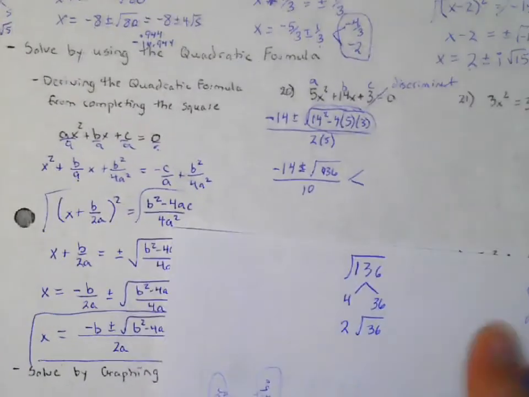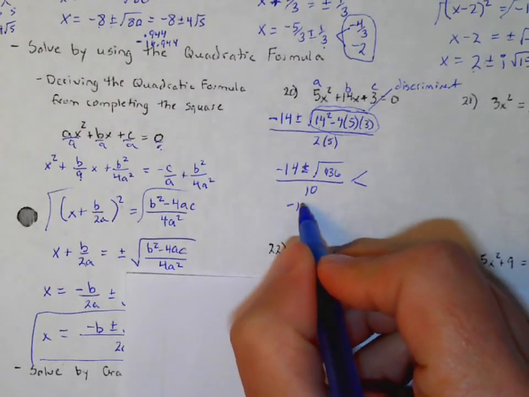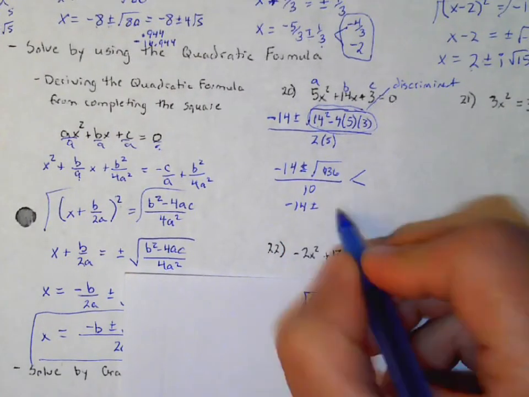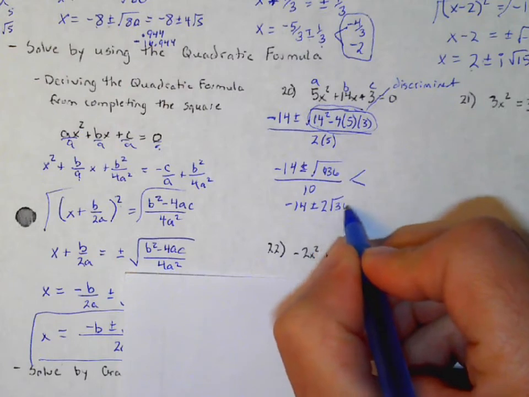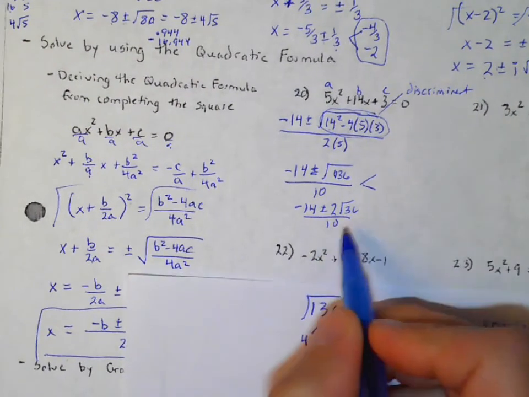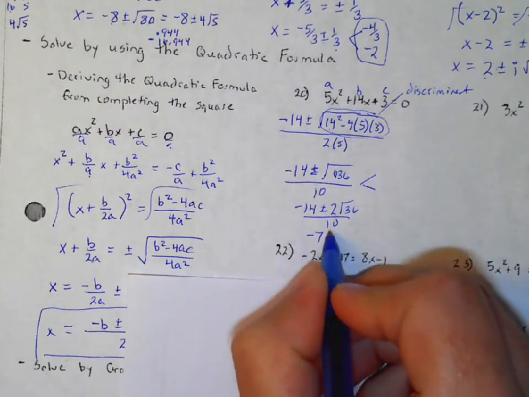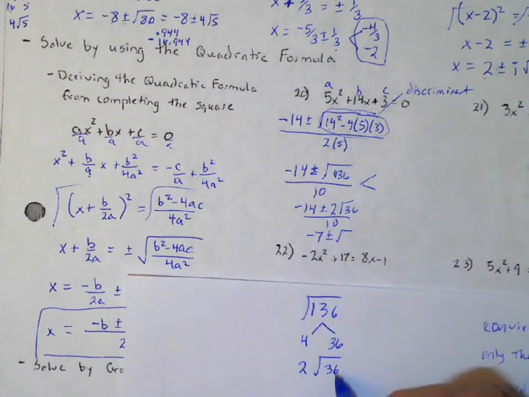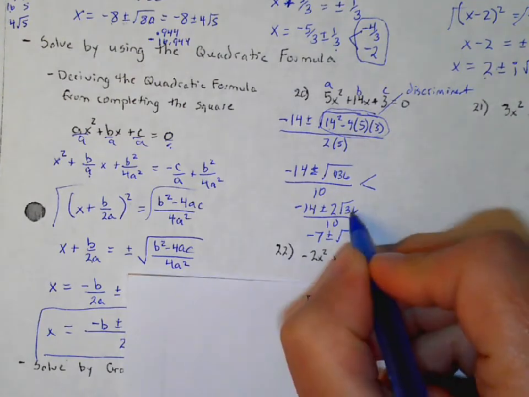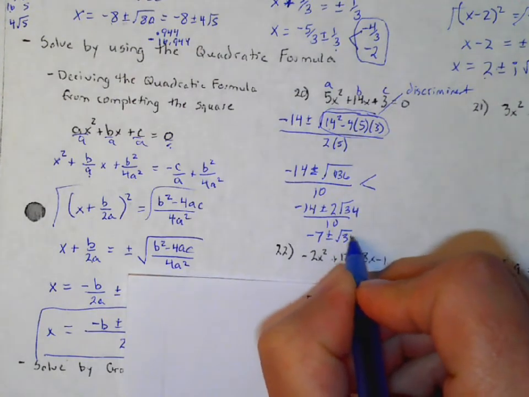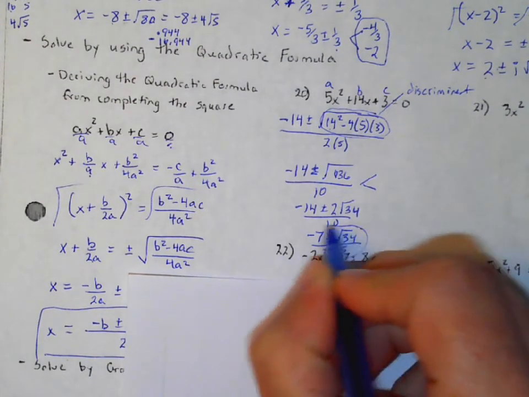Ideally, I'd like you to do this. So we'd have negative 14 plus or minus 2 square root of 34 over 10. And then divide, all those are divisible by 2. So you'd have negative 7 plus or minus, I'm sorry, 34, not 36, square root of 34 over 5, which would be your final answer there.